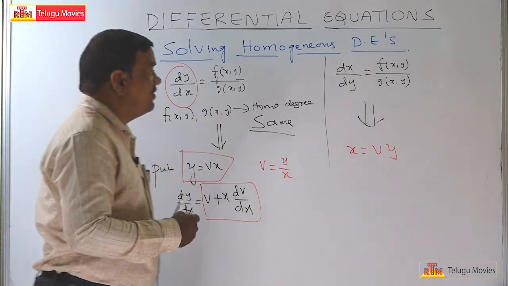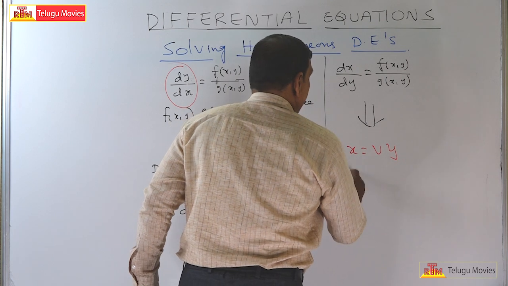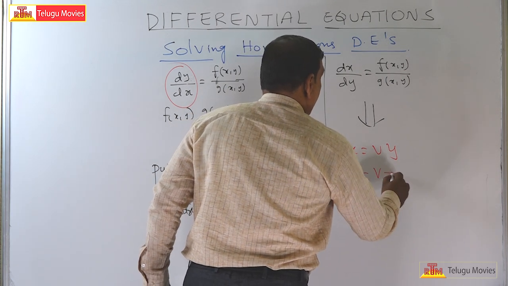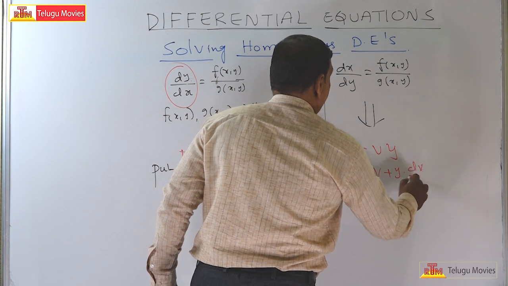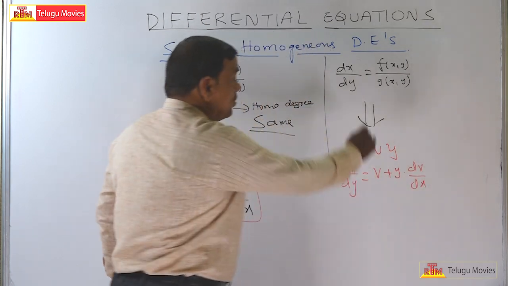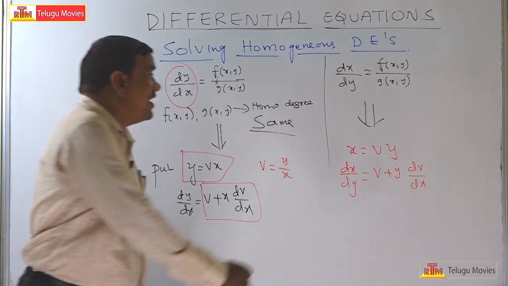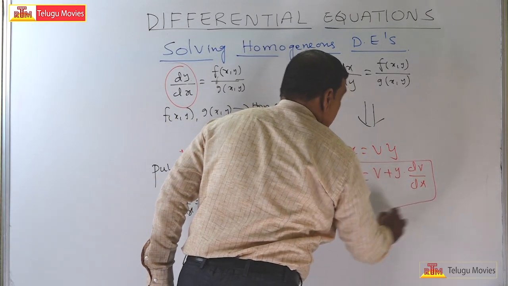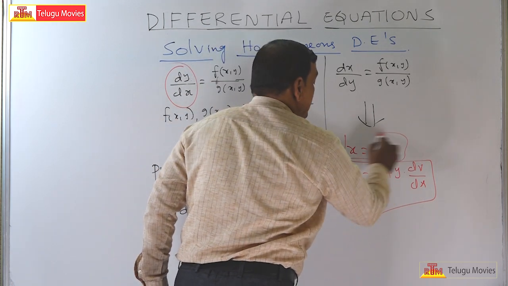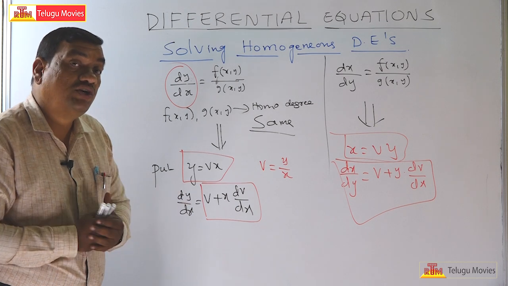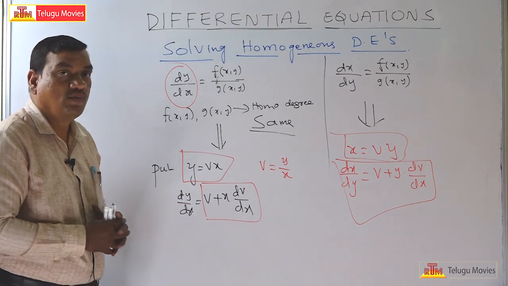Then differentiating with respect to y, dx by dy is equal to v plus y into dv by dy. Understand? The y derivative is 1, with respect to y you have to write it. So wherever dx by dy is there, substitute this, and wherever x is there, substitute vy, and the problem will reduce to variable separable form.